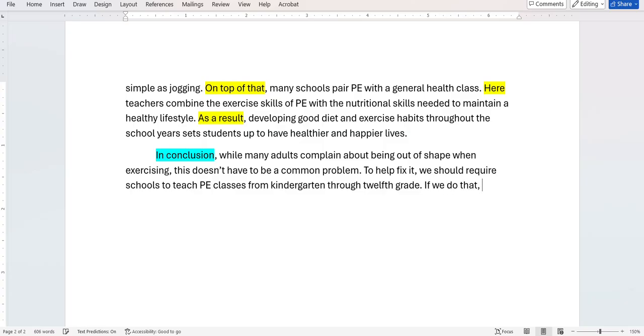If we do that, more adults would be saying, let's go for a run.